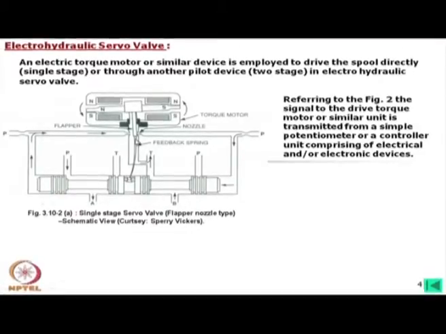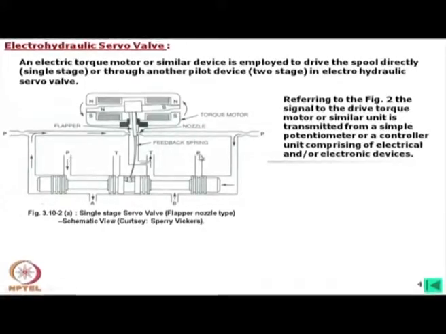Due to this, what is actually happening is that flow from this side is coming here and it is going to the tank, due to which it is giving the motion apparently in this direction, and then this is being closed and this is being opened, and then the flow from the pressure side is going to A of the actuator, and from this side it is going back to the tank.